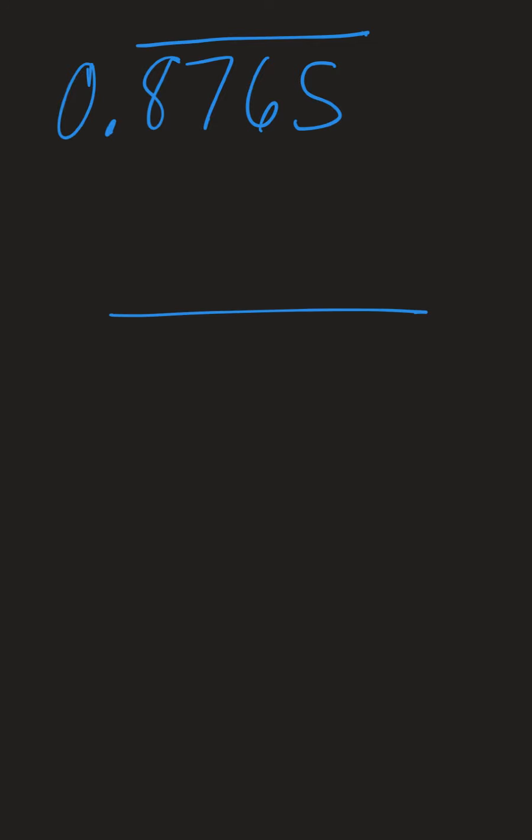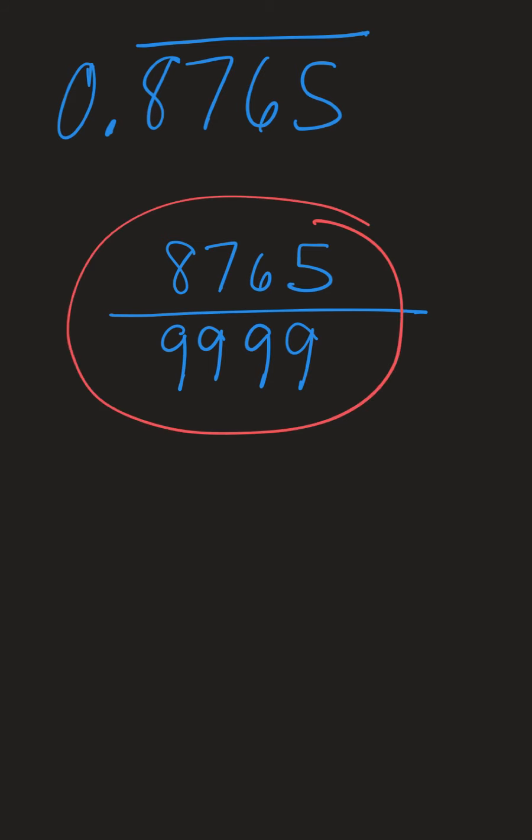Okay, 8765 is going to be my numerator, and the part that is repeating has 4 numbers. If we can simplify, we should, but this is simple enough. 8,765 over 9,999.